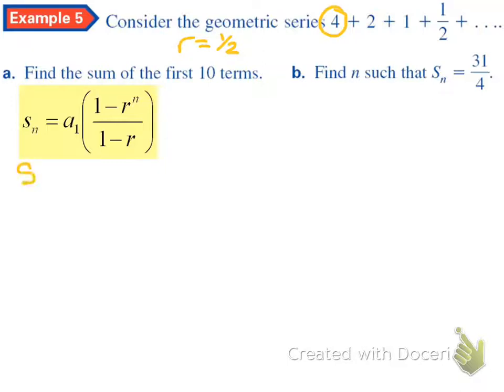So the rule for any term would be equal to the first term, which is 4, times 1 minus the rate to the nth power over 1 minus the rate. I forgot to put the rate in. Rate was 1/2. I want you to put 1/2 in the top also.